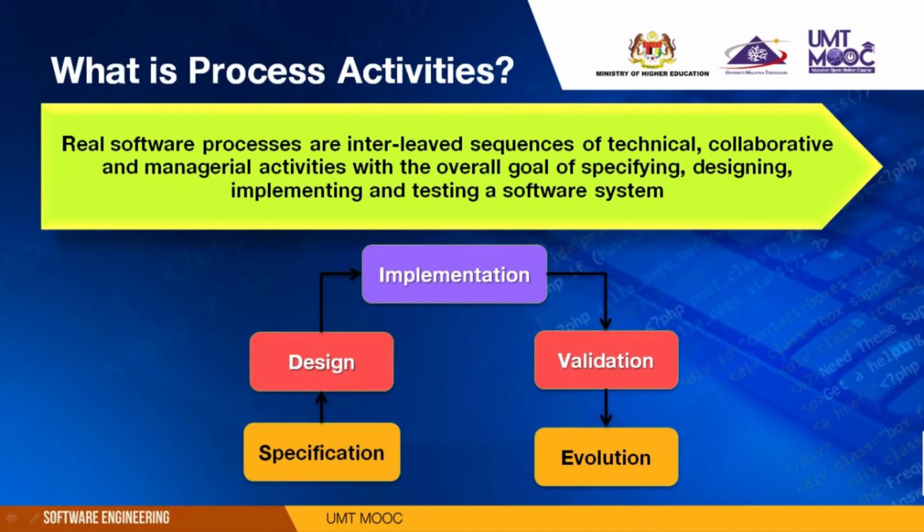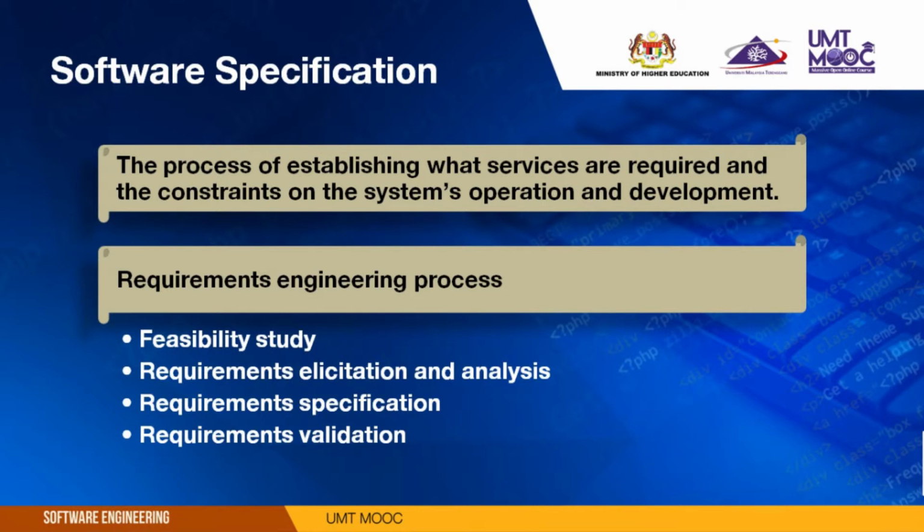Now we go into depth regarding the activities of the software process. There are 4 basic process activities that we call specification, development, validation, and evolution. The software specification or requirements engineering activity is the process of defining what services are required and what the constraints on the system operation and development are.